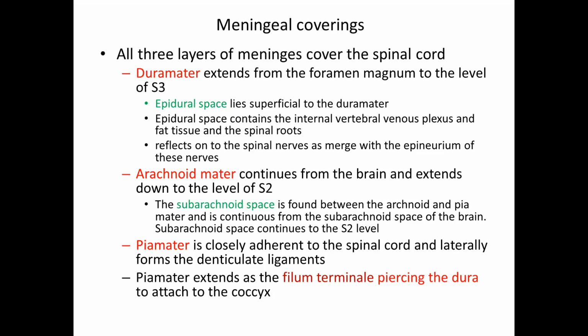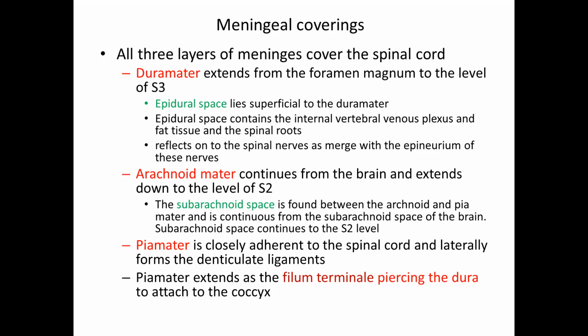So you have the meningeal coverings going down with the spinal cord, and the dura mater, which is extending down from the margins of the foramen magnum, goes down up to S3 level, third sacral vertebral level, right? So because of that, the epidural space, which lies superficial to the dura mater, will continue up to S3 level, all right?